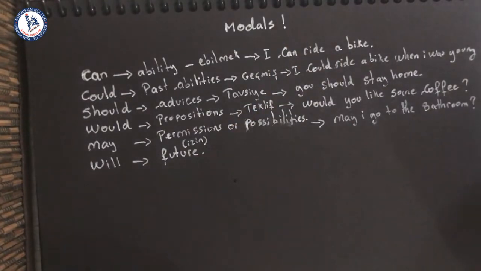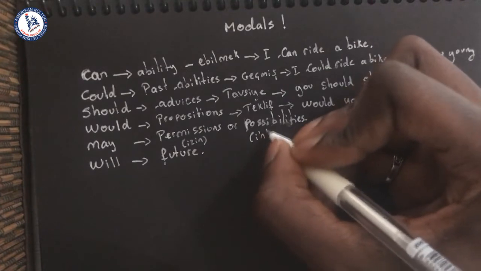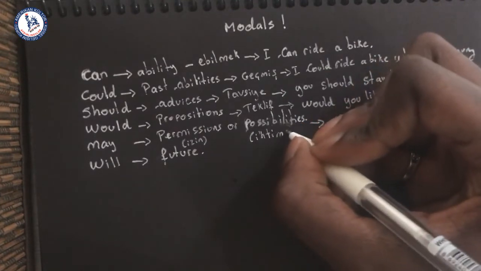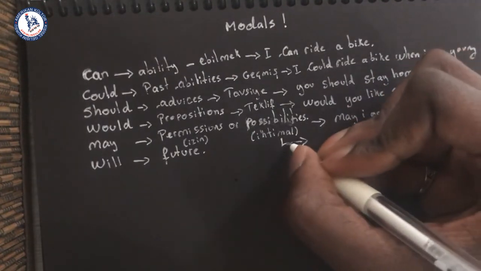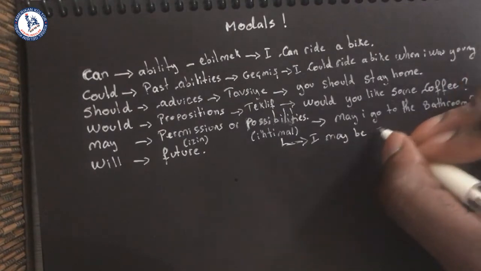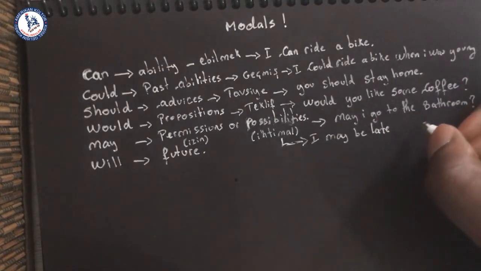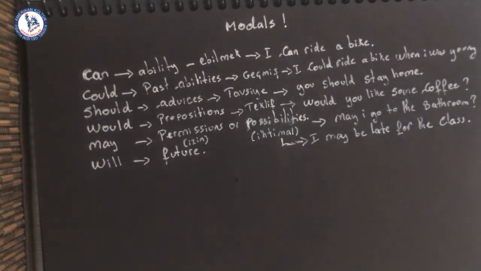And you have the second meaning of may, which is the possibilities. Now, possibilities means ihtimal, and as an example, we can say I may be late for the class.